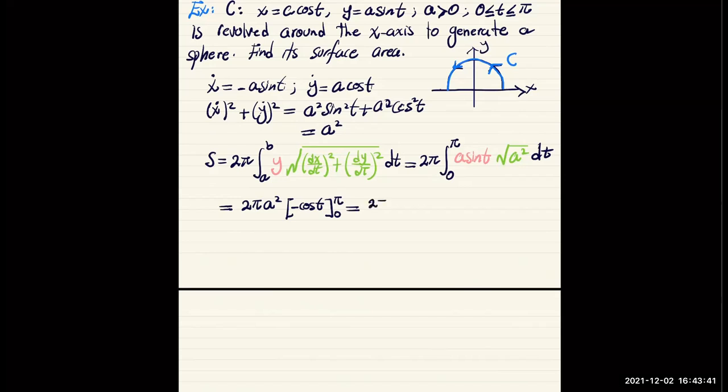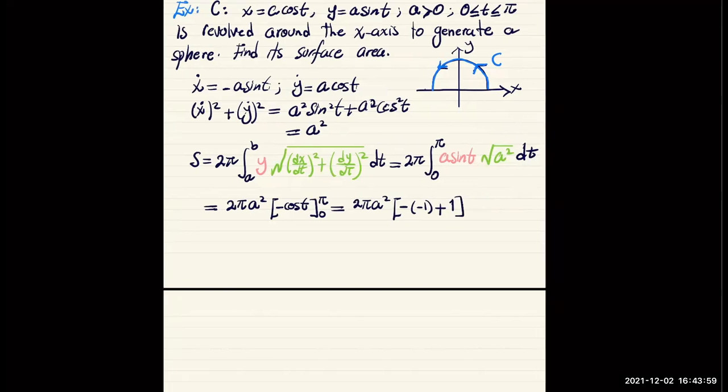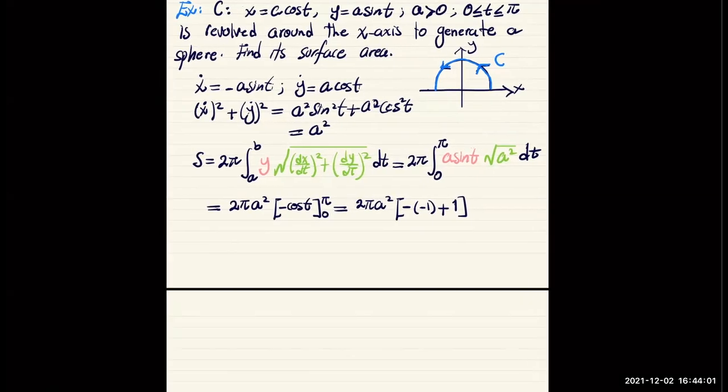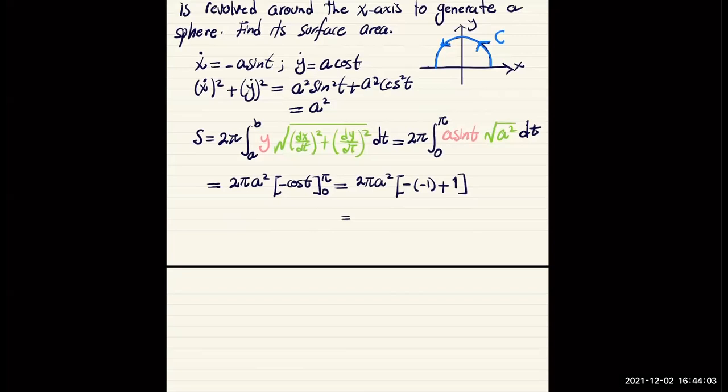So 2 pi a squared, plugging pi in, we get negative of negative 1. And then we have minus negative cosine, so that's plus cosine of 0, which is 1. The bracket is 2. You have 2 times 2 pi a squared. That's 4 pi a squared, square units.